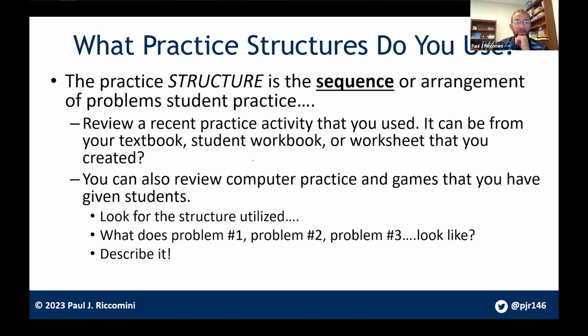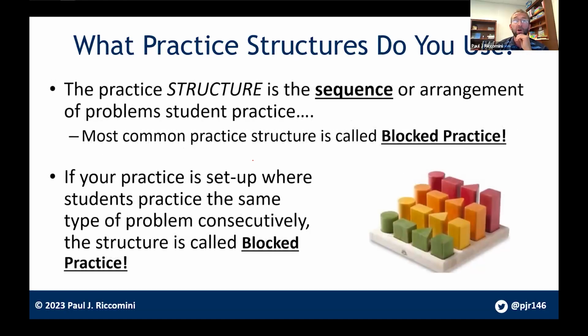But as you are thinking about that sequence, or looking at it, here is the most common sequence in math textbooks and in what teachers are doing, which is called blocked practice.